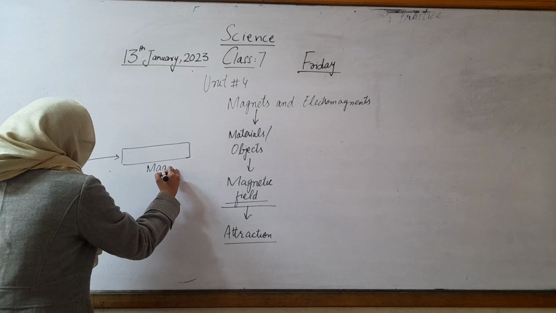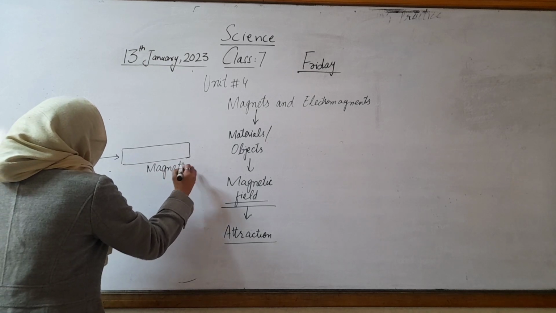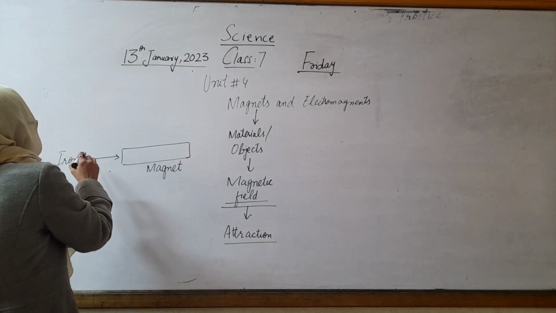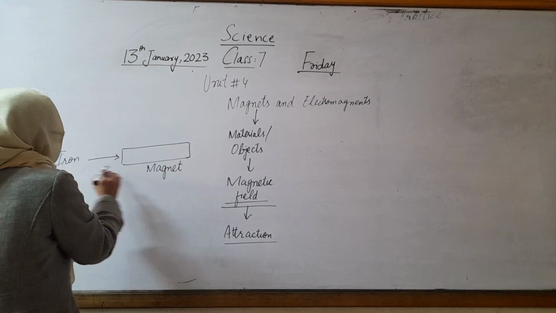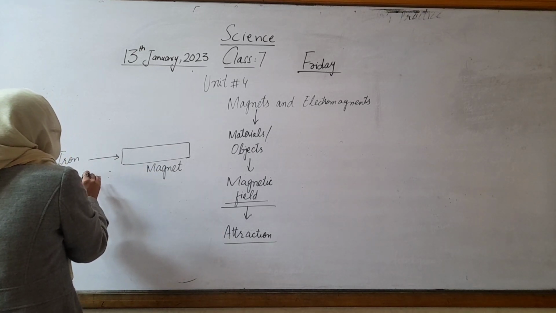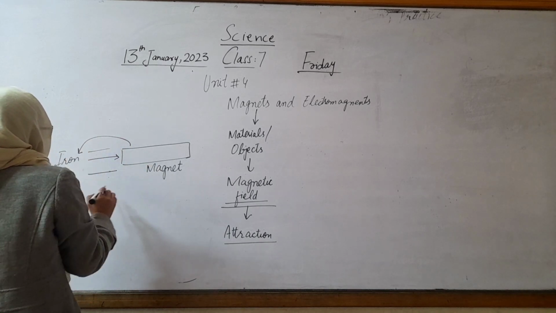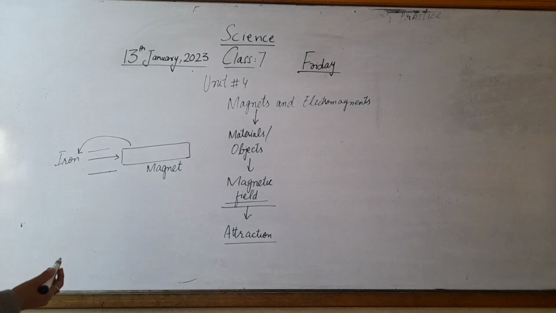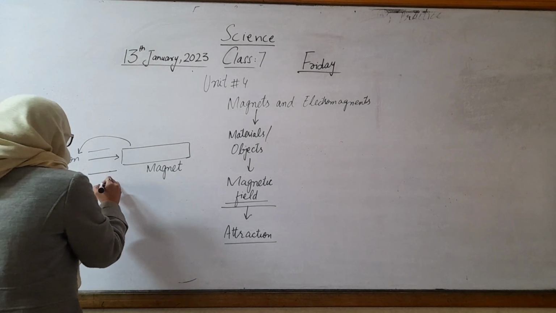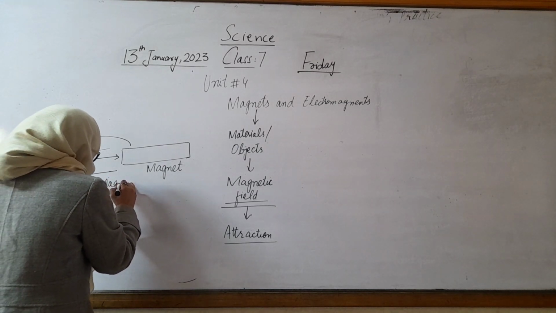You will observe the attraction between the iron and the magnet. The attraction exerted on the iron by the magnet is called the magnetic field.